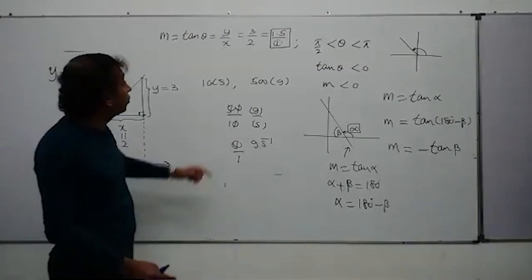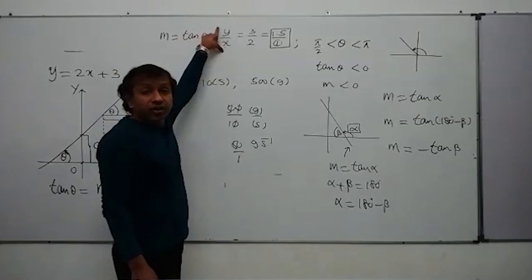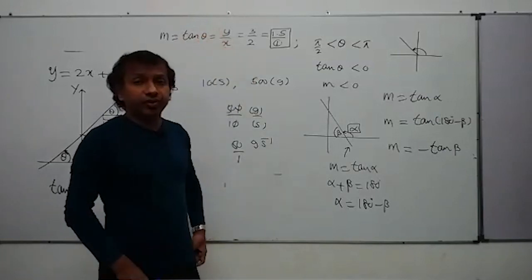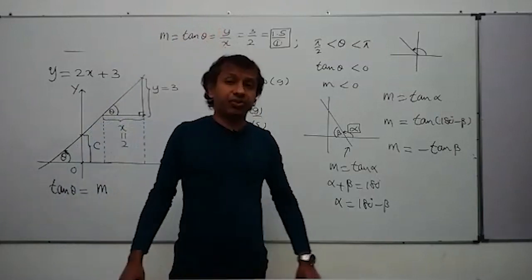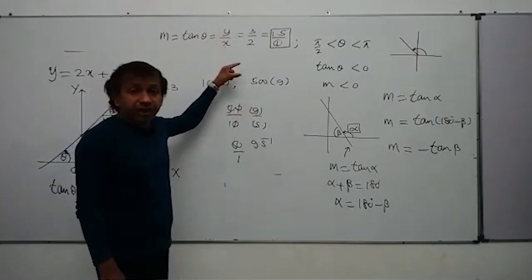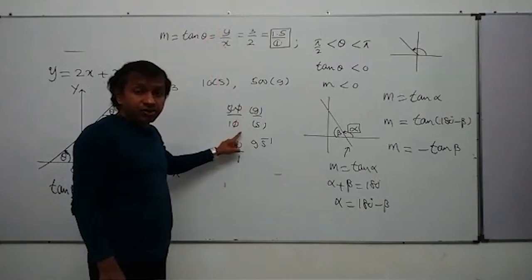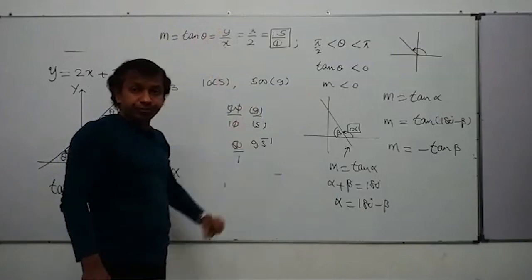So therefore, here also, this gradient is what? Rate of change of y with respect to x. Why do we use with respect to x? The denominator variable is x. Here, the denominator variable is time, so with respect to time.